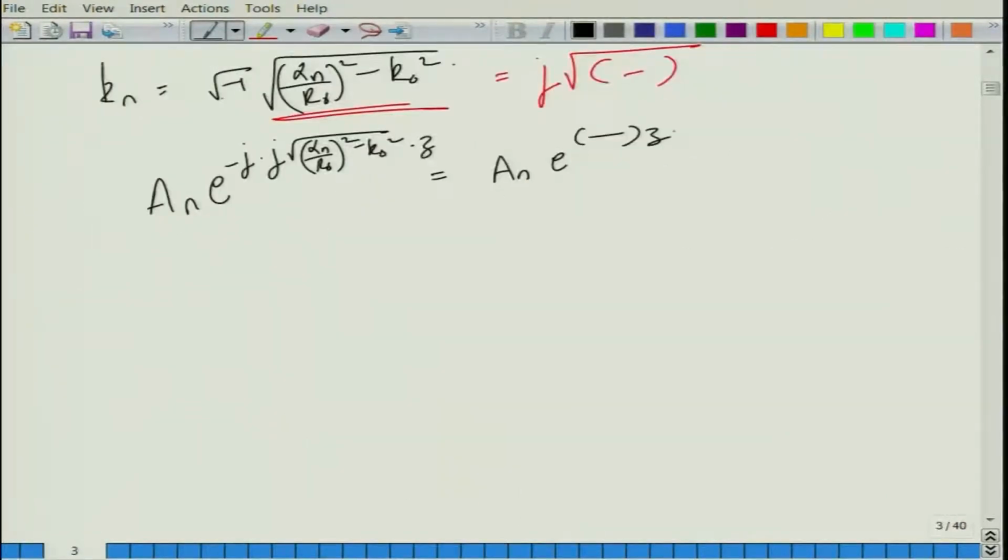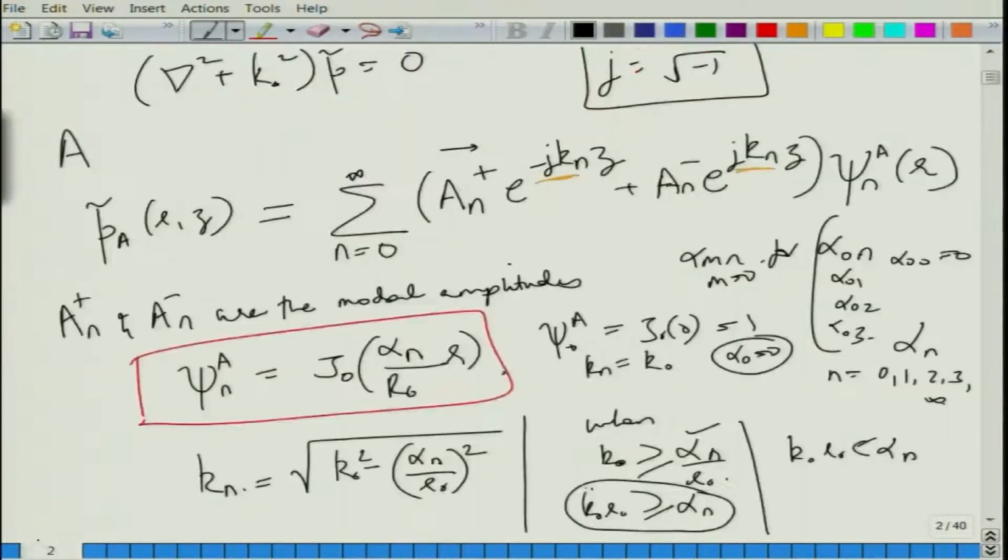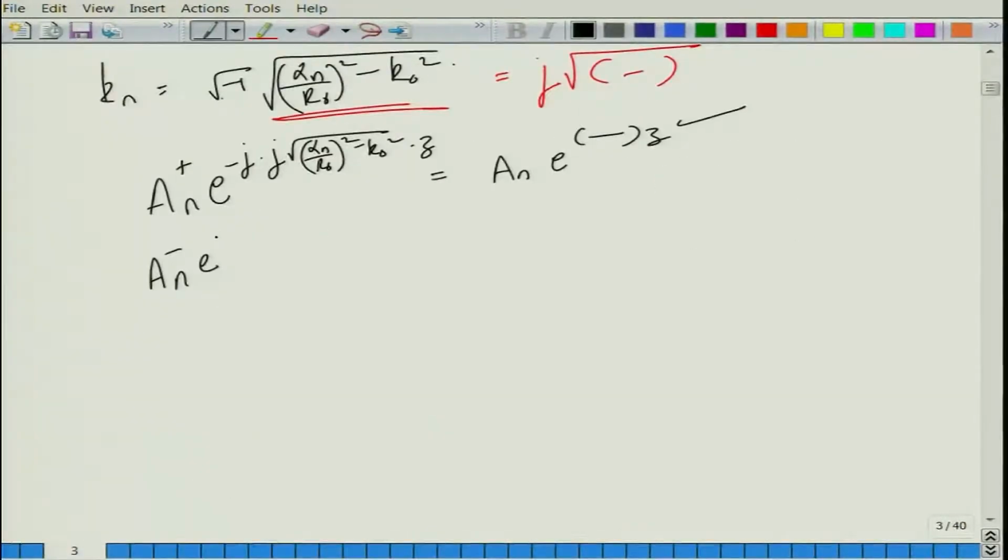So this will grow over space, and hence this can cause numerical problems. On the other hand, if you have things like this is plus, this is minus, as I was mentioning, j into j times root over this entire thing into z, then it is j minus something into z.